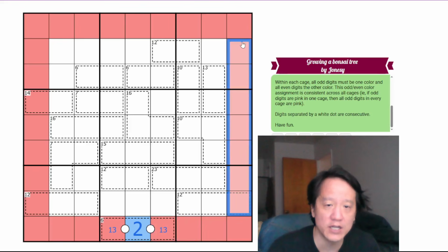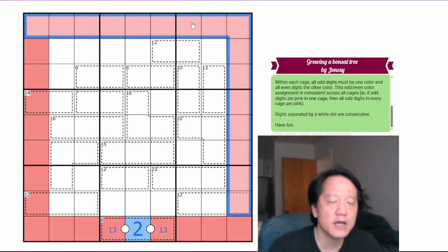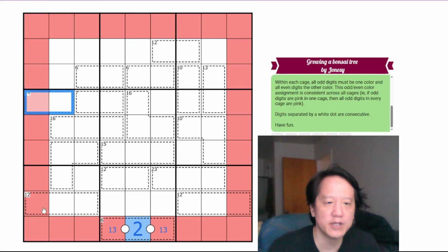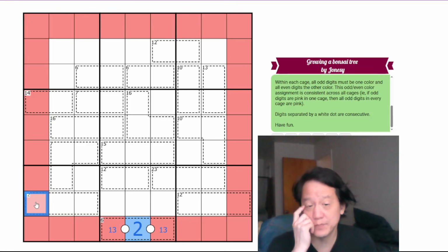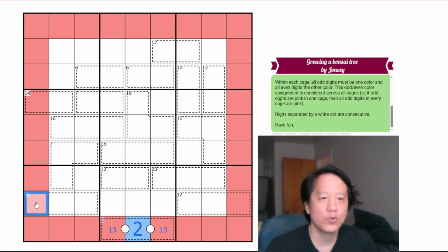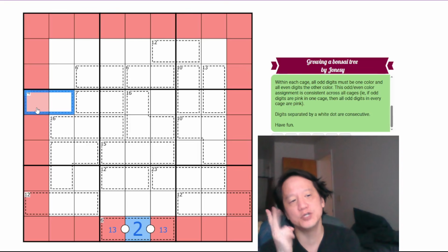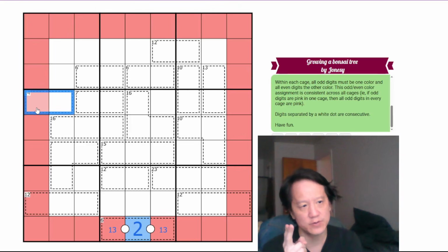And if they are in a cage, they must be an odd digit. Well, if you ever have 2 unique digits adding up to an even sum, they must either both be odd digits or even digits.